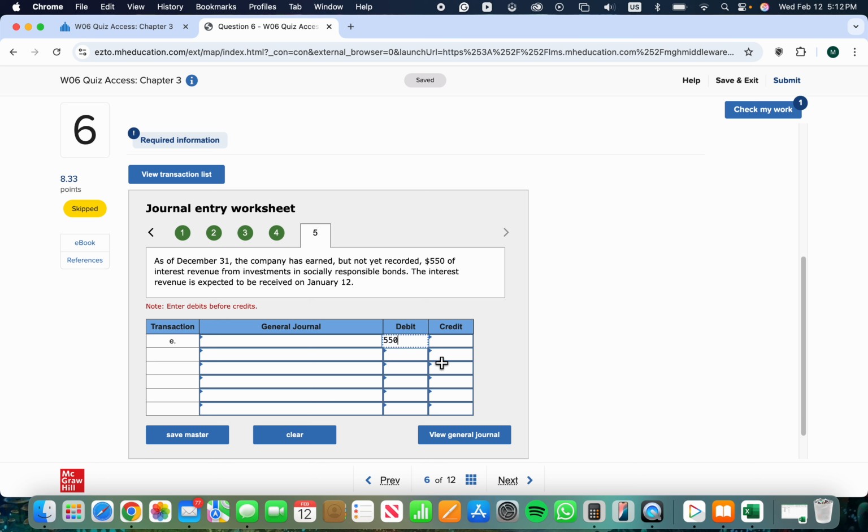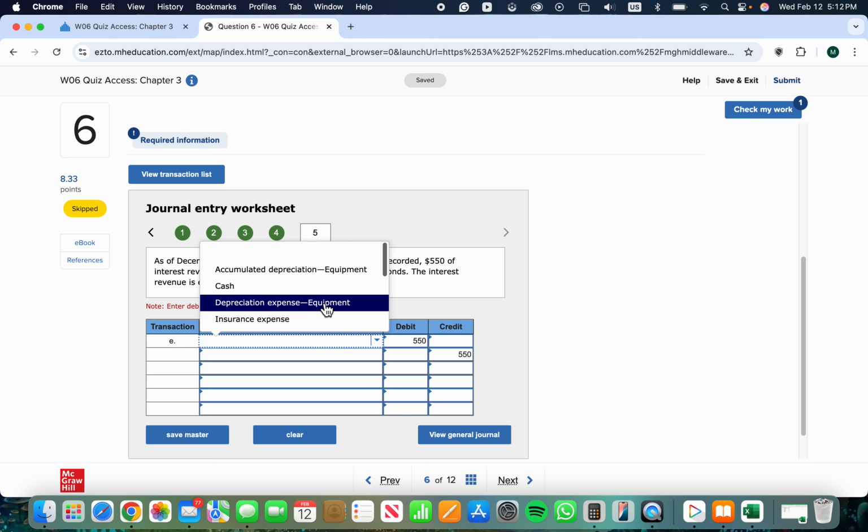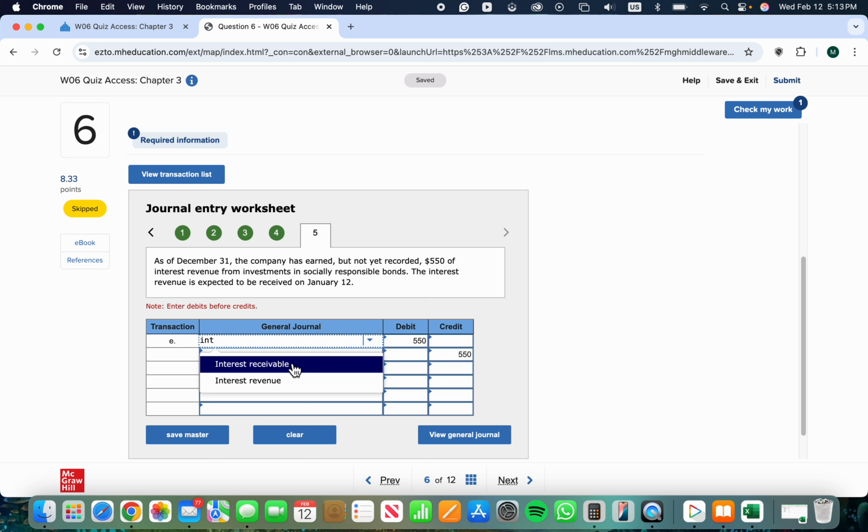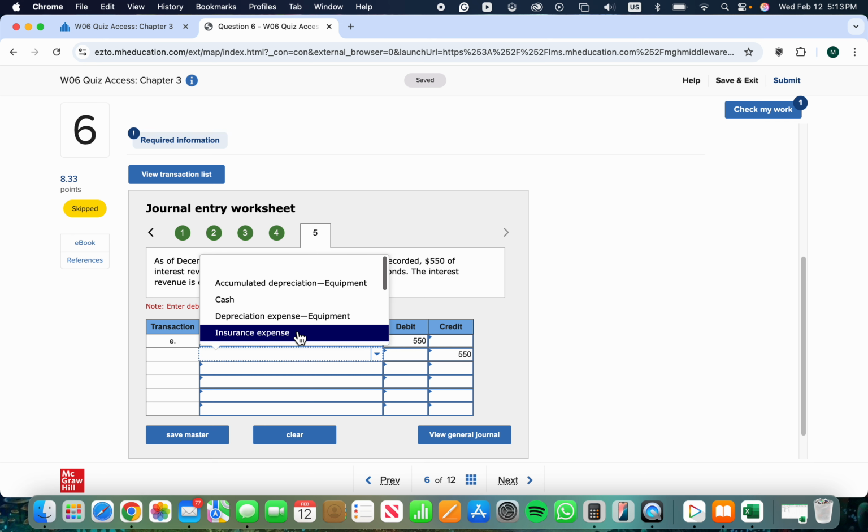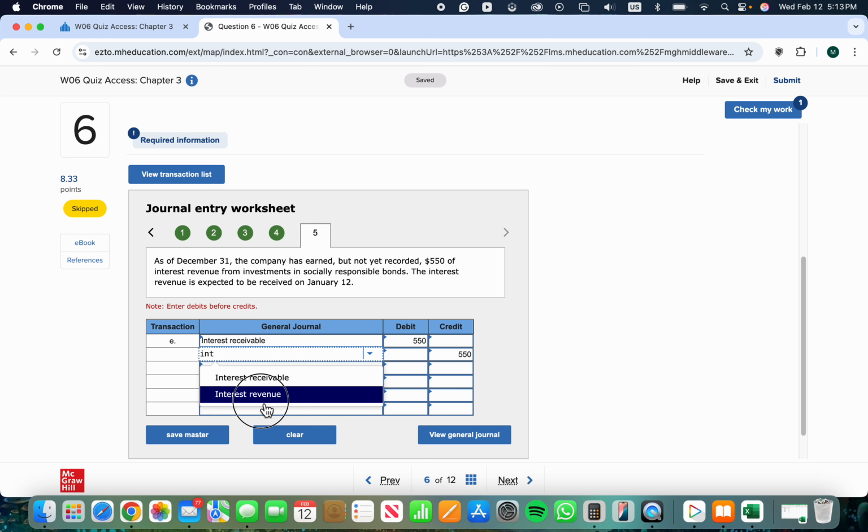So this one we can just put the whole number that it gives us, no need for calculations. And we know that this is something that we are waiting to receive. So go to here. So it goes to interest receivable. And we know that later on we will be getting it. And so it will also be added to our interest revenue.